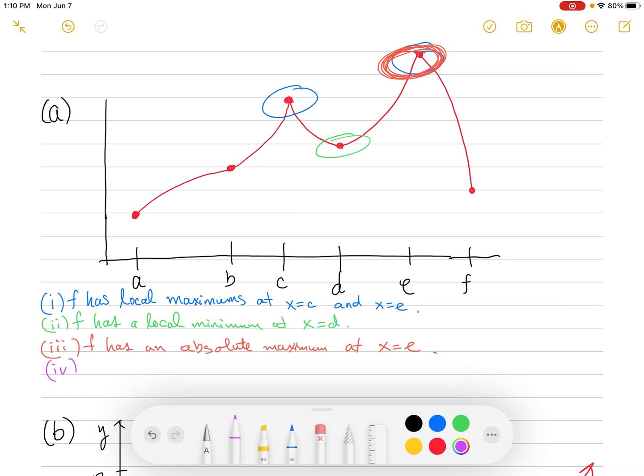And number 4, what about any absolute mins, any absolutely lowest places on the graph? f has, yes, there's one down here, right? There's nothing below that place. It's the absolutely lowest place on the graph. f has an absolute min at x equals a.